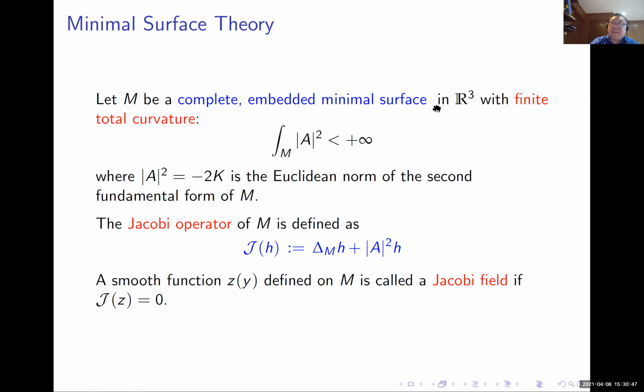Now, since this is a minimal surface embedded in R3, if the ambient space were another Riemannian manifold, you would see the Ricci curvature here. But since our case is Euclidean space, you only see this type of Jacobi operator. A smooth function is called a Jacobi field if this equals 0. So the kernel of the Jacobi operator is called a Jacobi field.